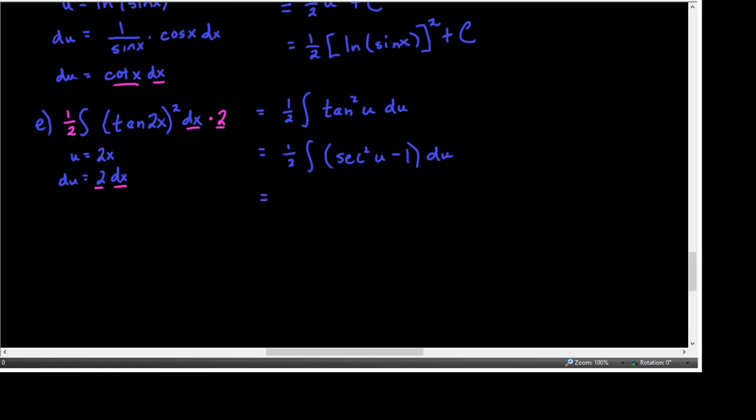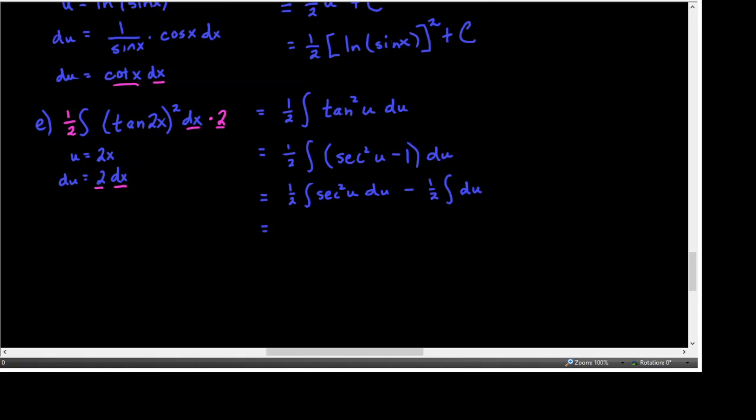Okay, well, if we split that integral into 2 and distribute the 1/2, well, I guess we're distributing the du as well. 1 times du is just du. That's what we'll get.